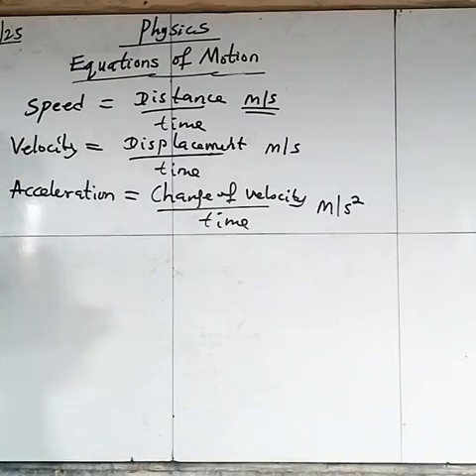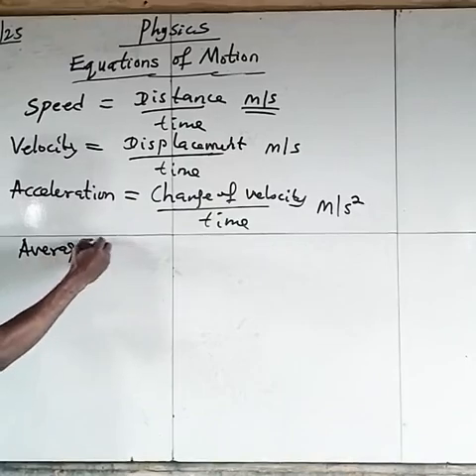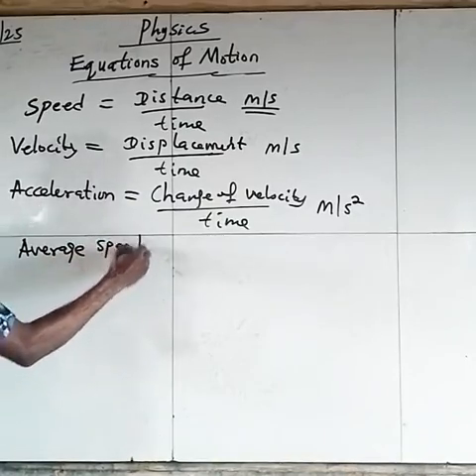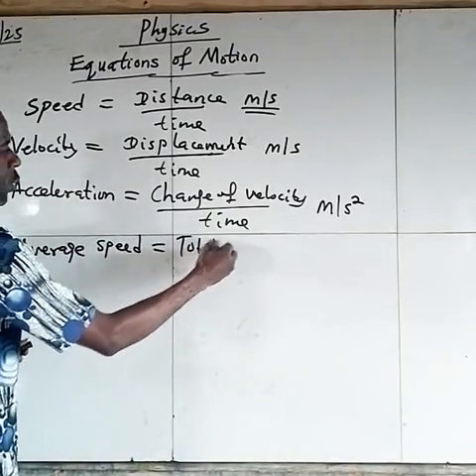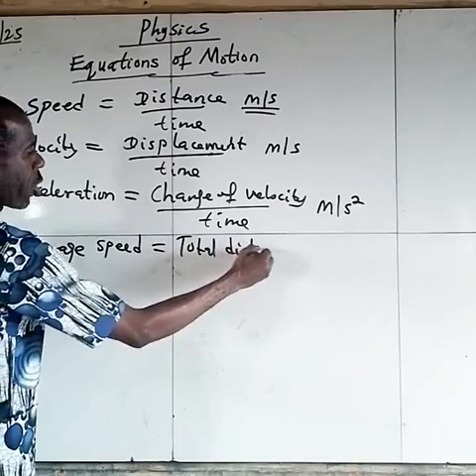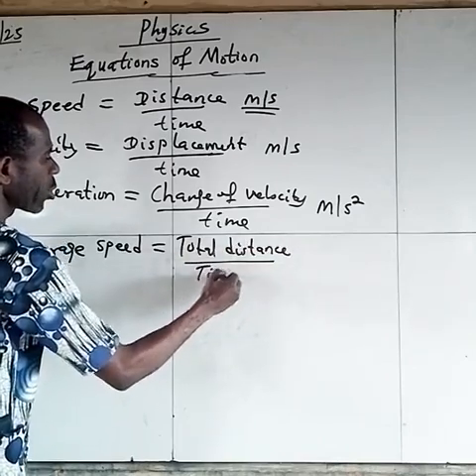So let us look at the definition of average speed. Average speed is equal to total distance over time taken.